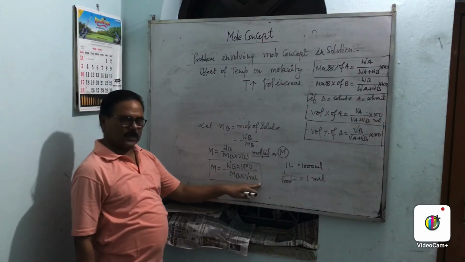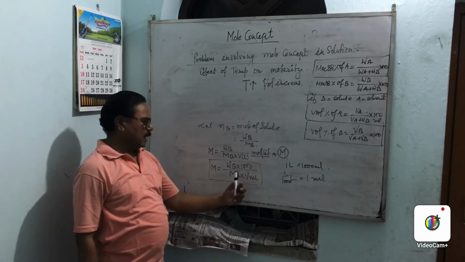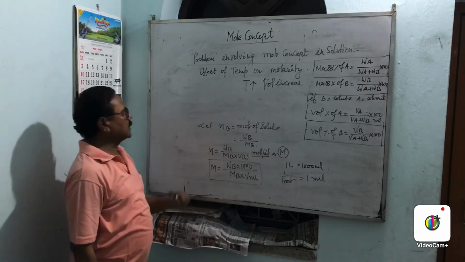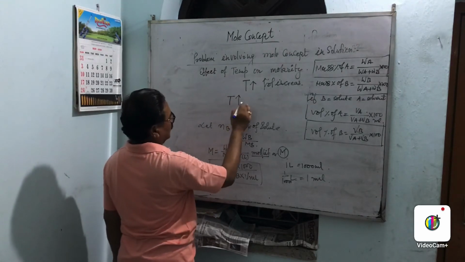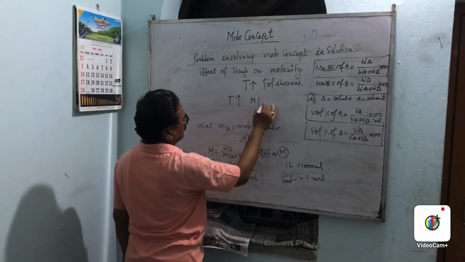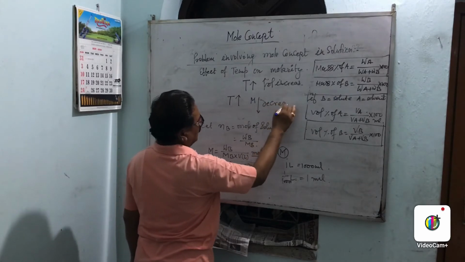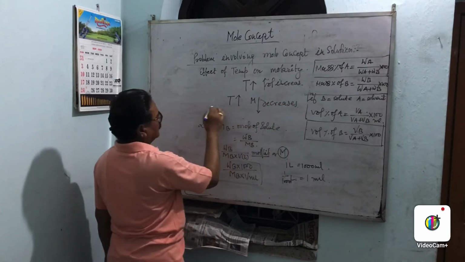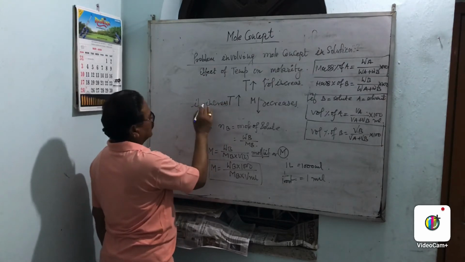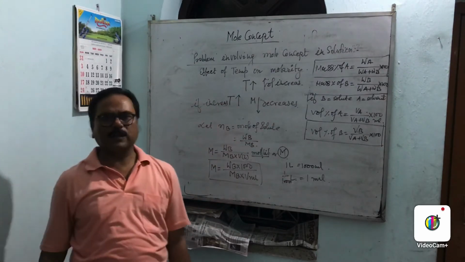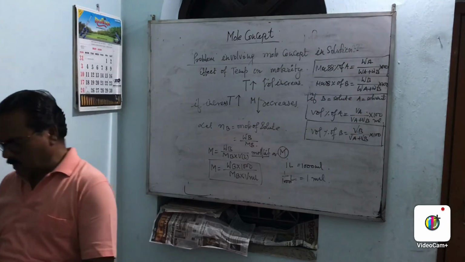Volume is the denominator, so as it increases, molarity decreases. So on increasing temperature, molarity decreases. This is the simple relation.